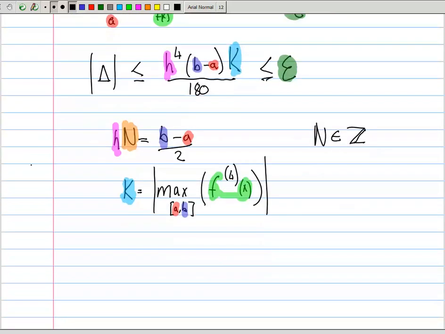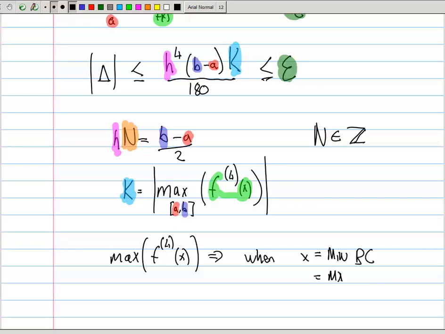The max of f for x is going to occur either when x is equal to the minimum boundary condition, the max boundary condition, or when f of x, the fifth prime, is equal to 0.